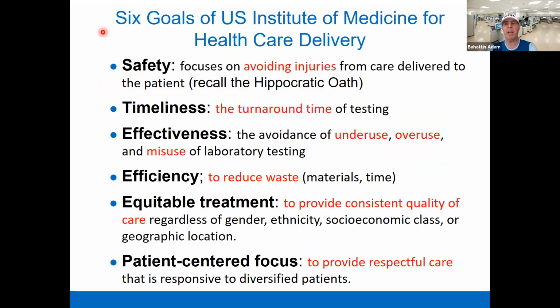Okay, now another institution's standards, which are the 6 aims of the US Institute of Medicine for healthcare delivery. These are not only for clinical laboratories, but also for hospitals and any kind of healthcare facilities.